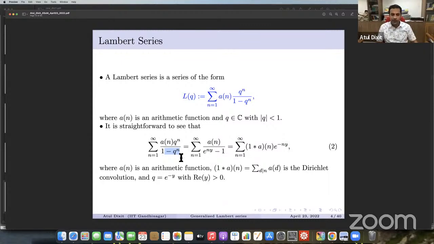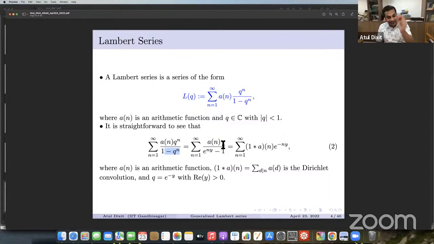How does one do it? Essentially 1 upon e raised to ny minus 1 can be written as a geometric series. You interchange the order of summation, and then inside you put m times the geometric series for e raised to minus ny over 1 minus e raised to minus ny, which is summation m equal to 1 to infinity e to the minus mny.